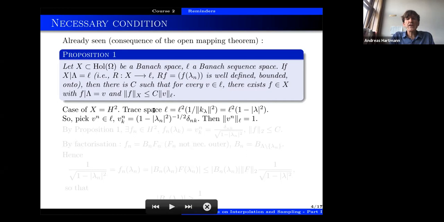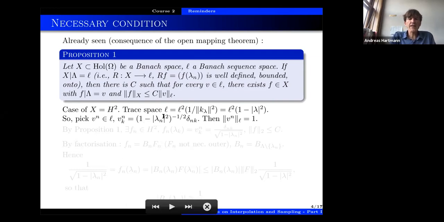So for H2 we agreed that the right trace space is the little L2 with the weight given by the reproducing kernel, and the reproducing kernel squared, 1 over it, is exactly 1 minus |lambda|^2. So as yesterday, I pick a sequence in this little L, which is a weighted L2 space, which takes value 0 in all the points different from lambda n.